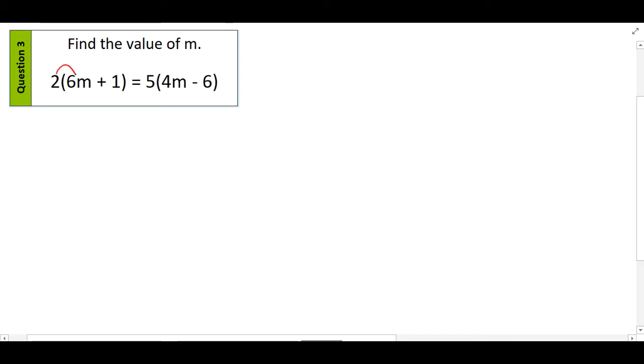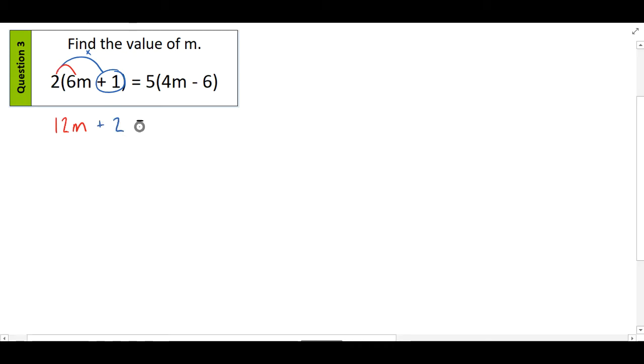So we're going to start by doing that. 2 lots of 6m gives you 12m. And then this isn't 2 plus 1, this is 2 multiplied by positive 1. So 2 times, I want you to include the sign when you do this multiplication. 2 multiplied by positive 1 gives me plus 2.